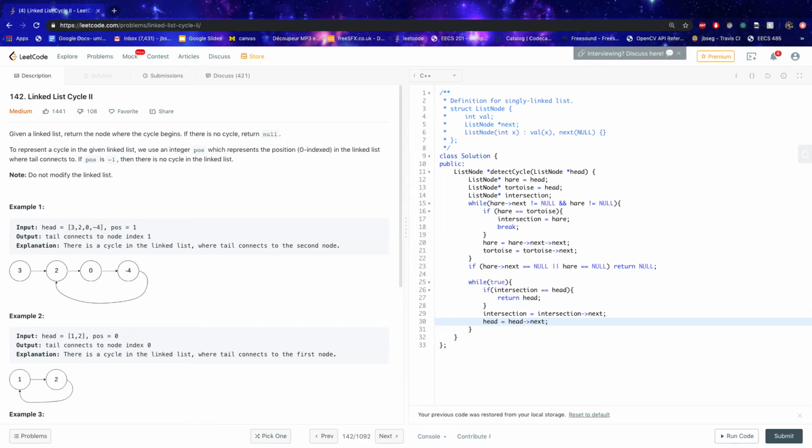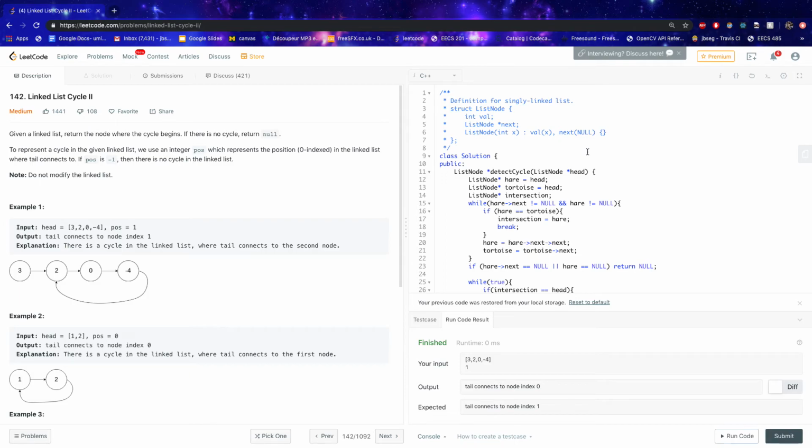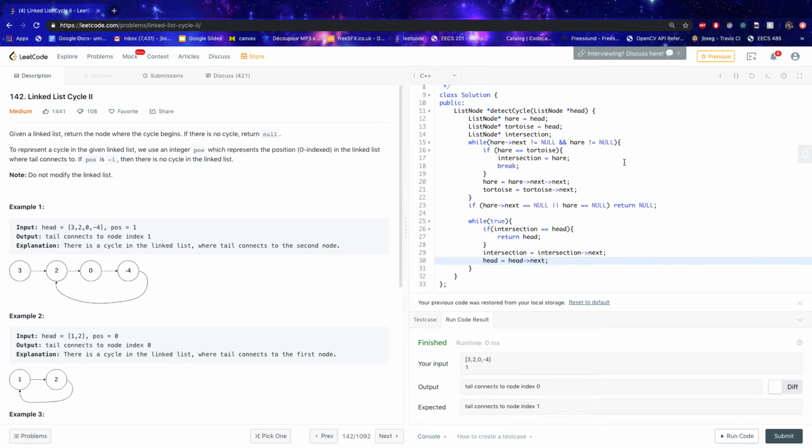Okay, I will try to run this. Oh yeah, I forgot the edge case if tail connects to the index 1. So it's this one and it connects at, so I outputted 0.